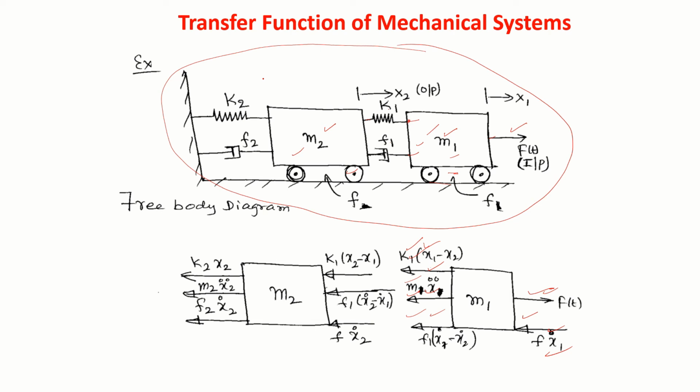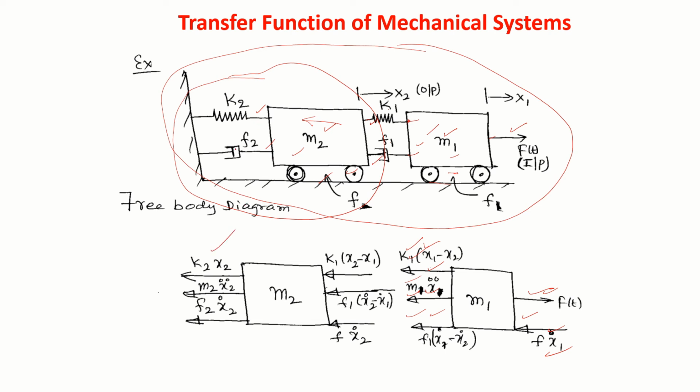Okay. Now come to this mass M2. When you come to mass M2, how many forces are there? 1, 2, 3, 4, 5 plus 1. 6 forces should be there. There is no external force. All should oppose the motion. They should all act in this direction. So you write here K2 x2.